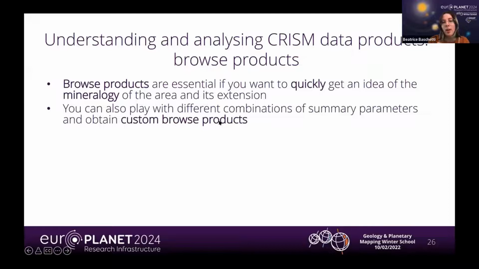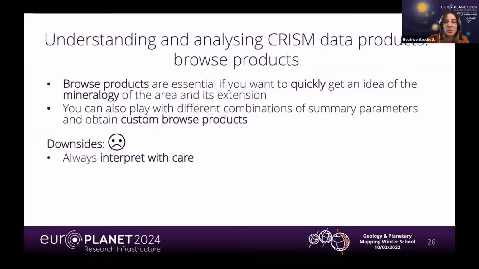So instead of having standard gross products as those we have seen in the two examples, you can mix and play with the spectral parameters that you want, and you can obtain custom maps that highlight several spectral characteristics depending on what you choose. However, there are also some downsides.